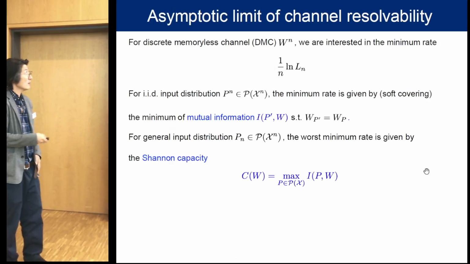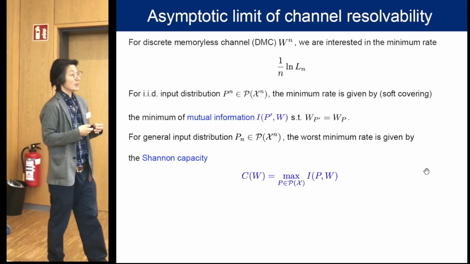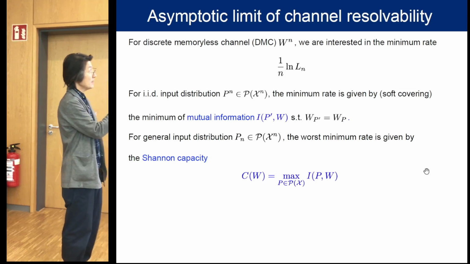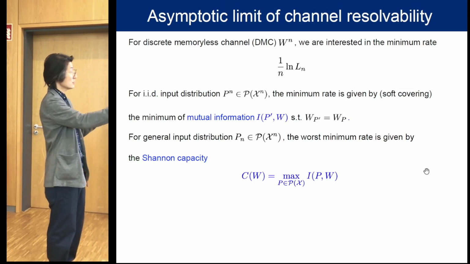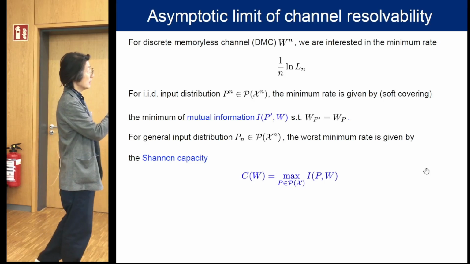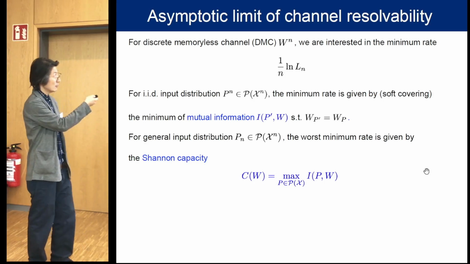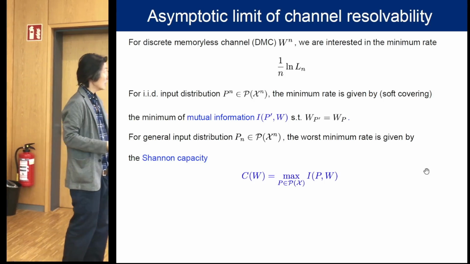And for a discrete memoryless channel W^n, we are interested in the minimum rate. The size L_n grows with n, and we are interested in the growth rate, 1 over n log L_n.